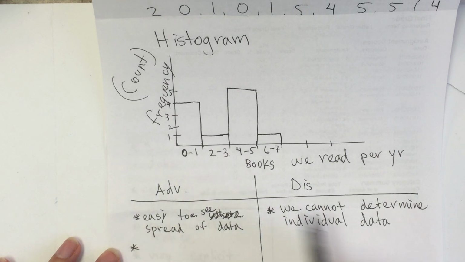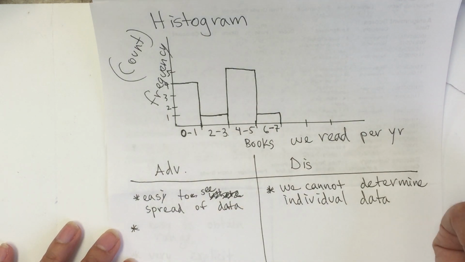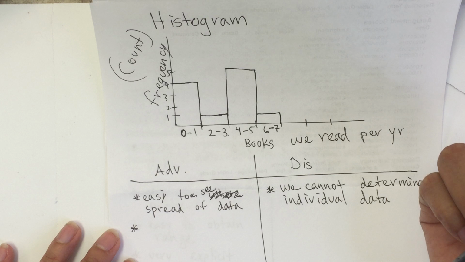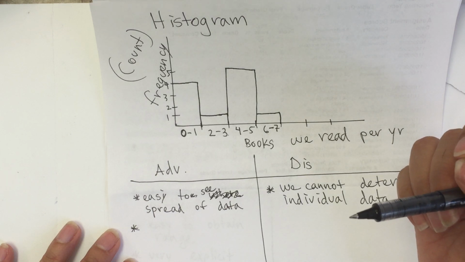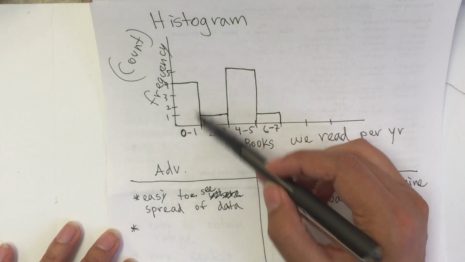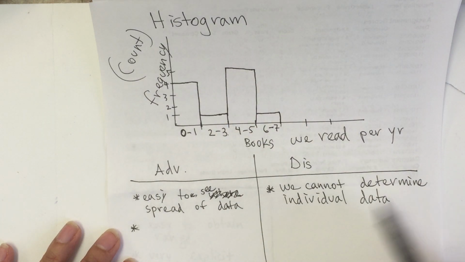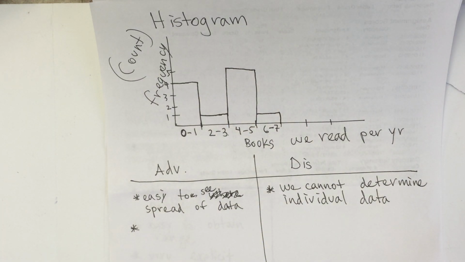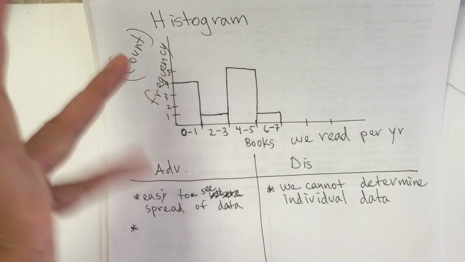What's another either advantage or disadvantage that you can think of? Well, maybe it's just a visual of seeing how spread data is, and I can't think of something else, but that's basically what it would be, just a visual to see where that data is clustered.